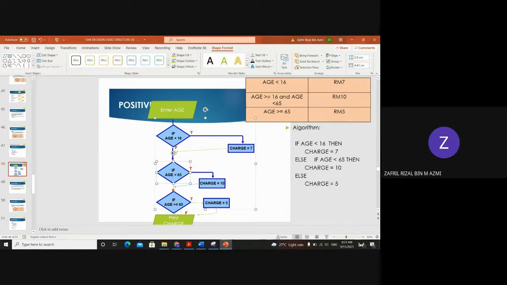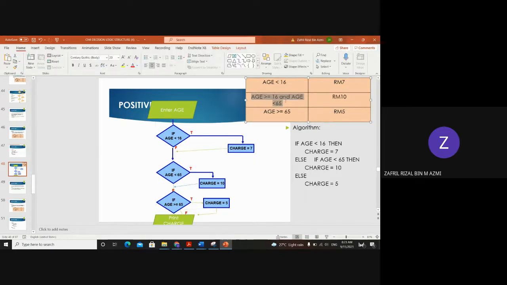So if you use the straight through logic structure, you need to apply this. You cannot use this anymore. This is only applicable if you use the positive logic structure. So you need to use this: if age equal to 5, charge equal to 7. This one is correct, but this one is wrong.